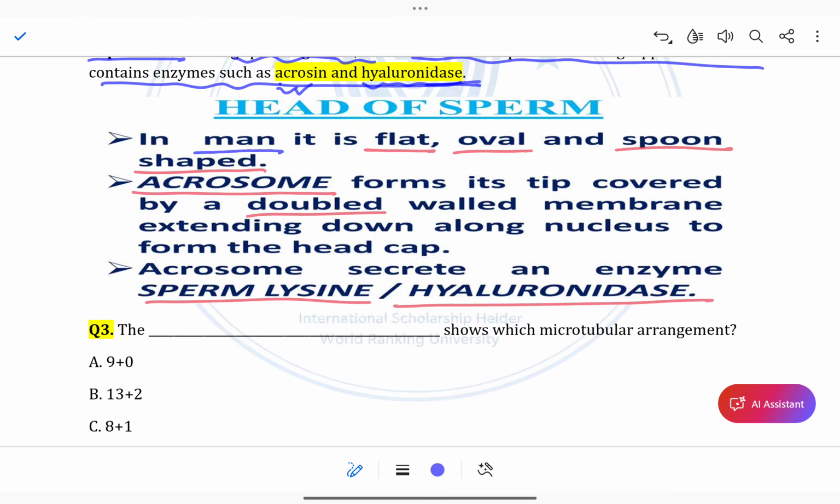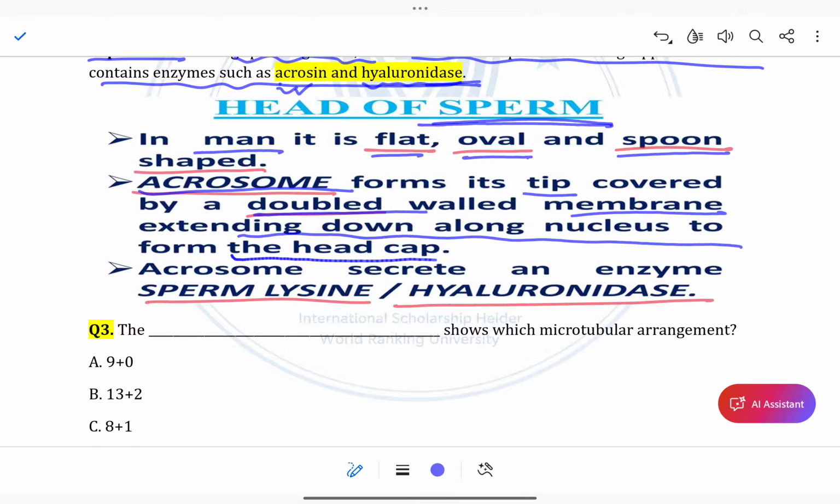In man, the sperm is flat, oval, spoon-shaped. The acrosome forms its tip, covered by the double-walled membrane extending down along the nucleus to form the head cap. Acrosome secretes enzymes, sperm lysin and hyaluronidase.